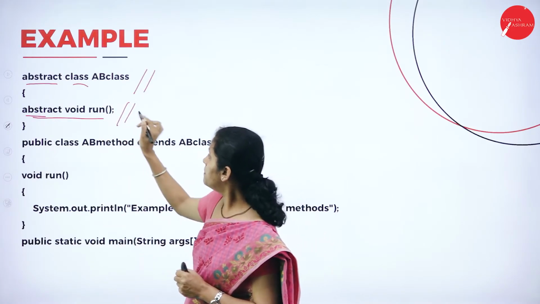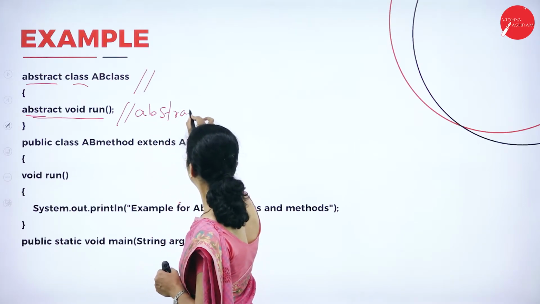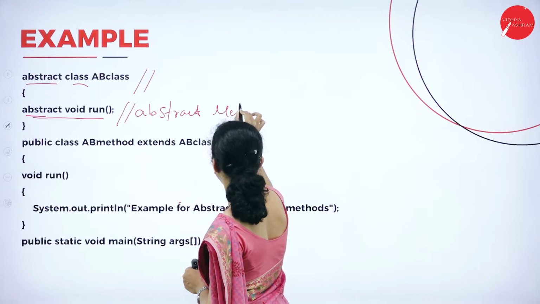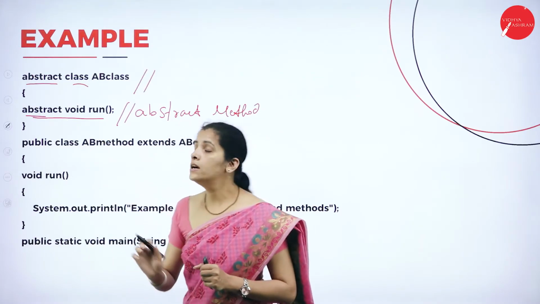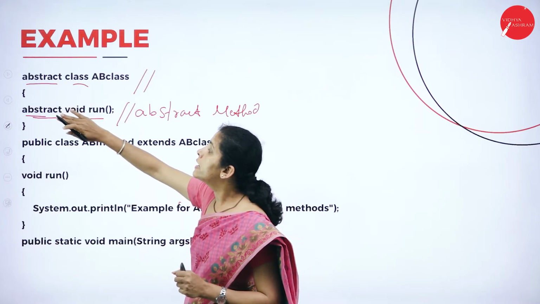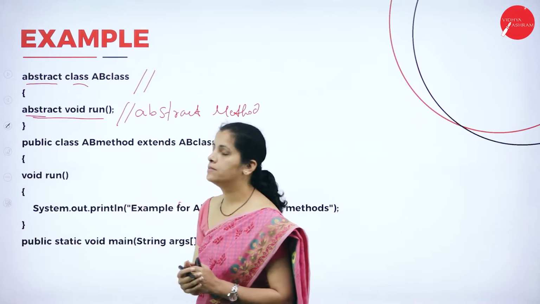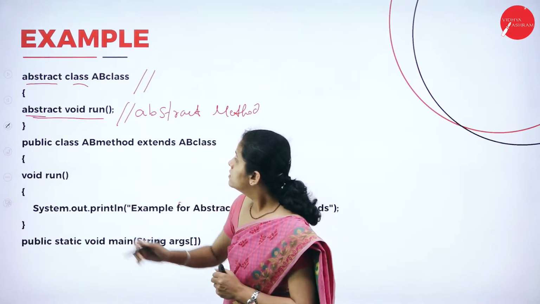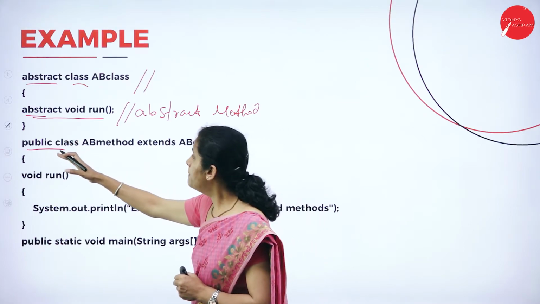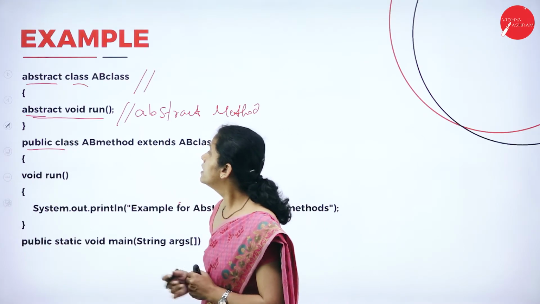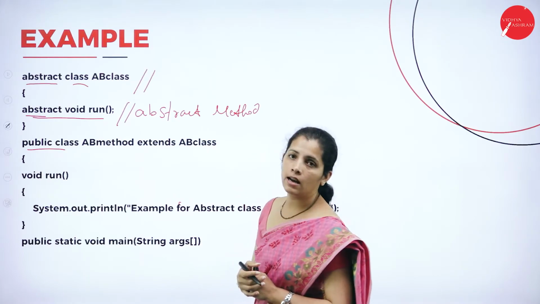This is the example for an abstract method. Here I'm not going to write any body of this function. Now here I'm going to have public class AB method extends AB class.